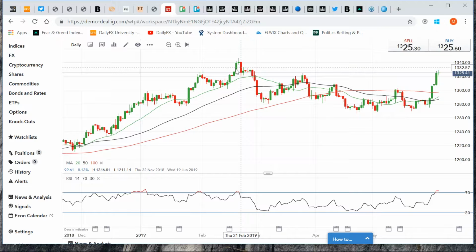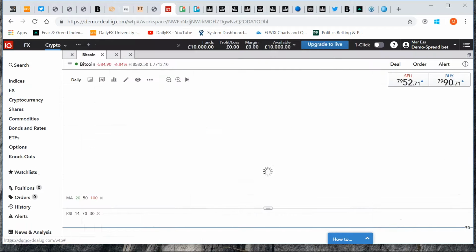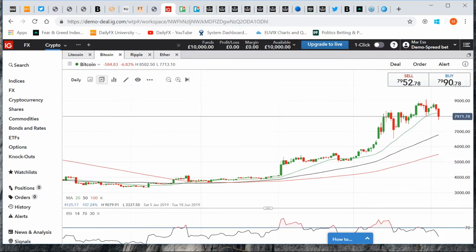Let's have a look at Bitcoin, as I get asked about this every week, and see what's going on there. So Bitcoin, for some people, has taken over from gold as the principal non-currency safe haven, but this does now begin to have topped out.